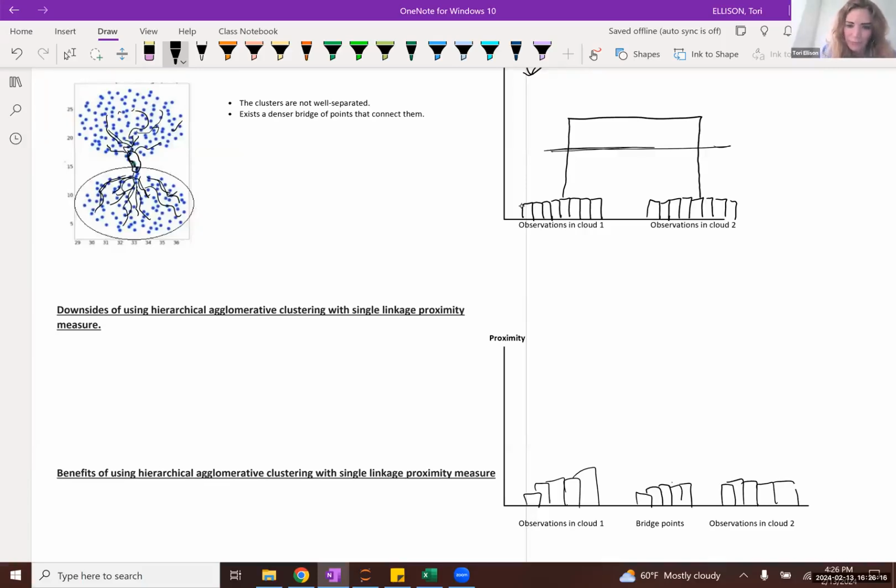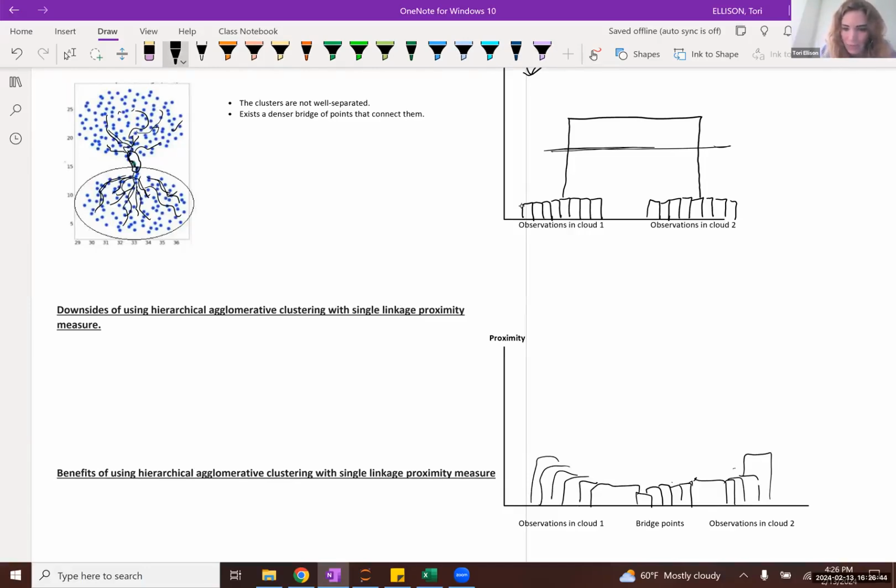The thing is, these points are a lot further away from each other, so those merges happen later. And so the merging between the two sets of clusters is going to happen very early on. This bridging is going to happen at very low proximity levels.